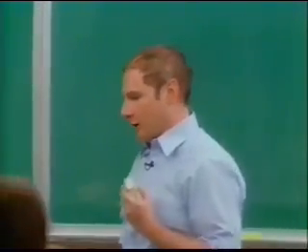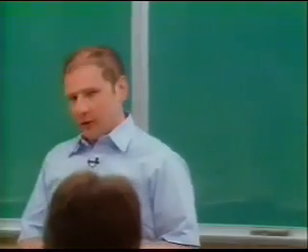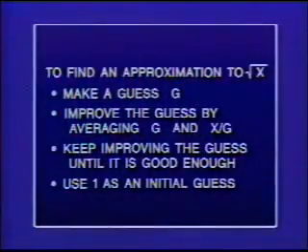Let me show you by, again, looking back at square root. Let's go back to this square root algorithm of Heron of Alexandria. Remember what that said? It said to find an approximation to the square root of x, you make a guess. You improve that guess by averaging the guess and x over the guess.